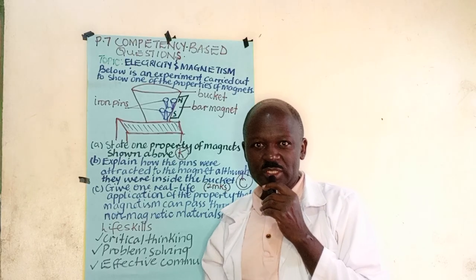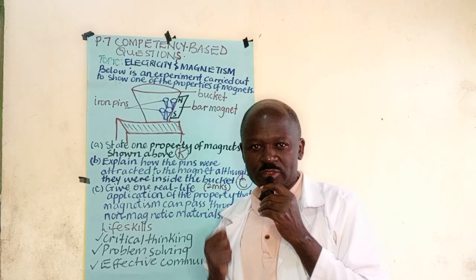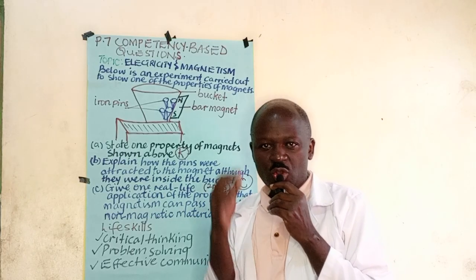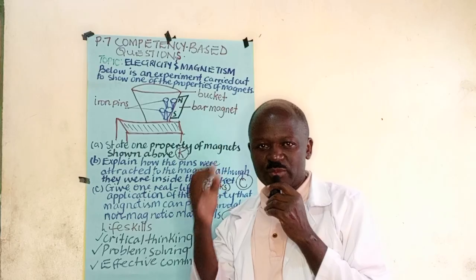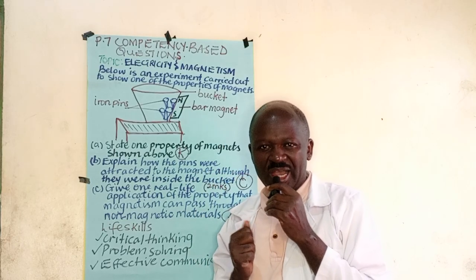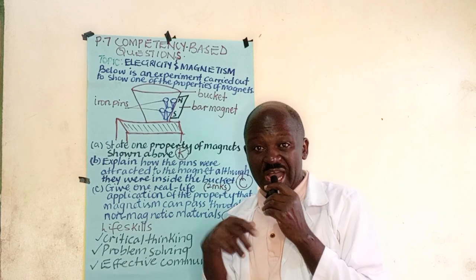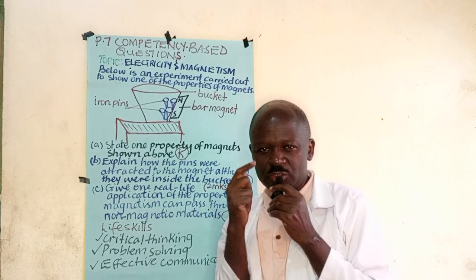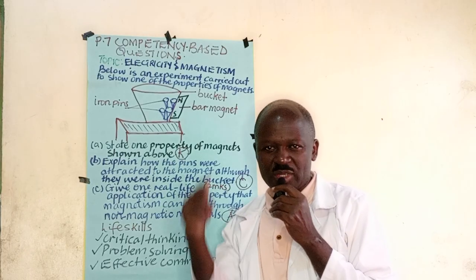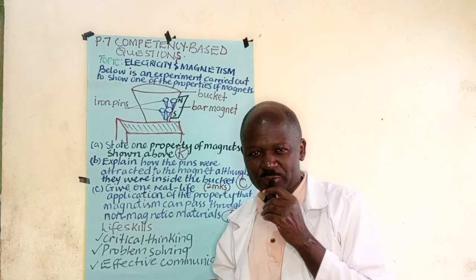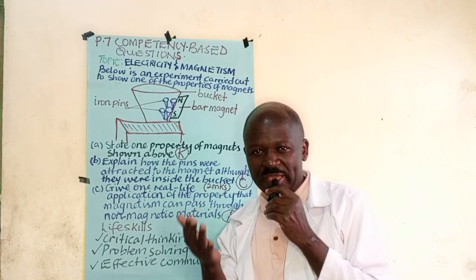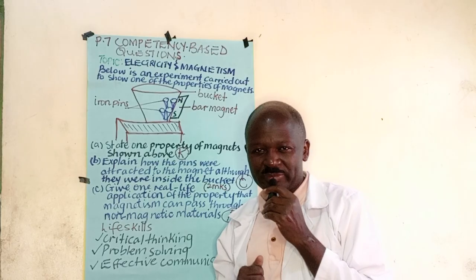The last question is also an application question. Why application question? These learners, we assume, studied the properties of magnets. They got that knowledge. How can this child apply this knowledge about the properties of magnets, more so that magnetism can pass through non-magnetic materials, in real life, in solving daily life problems?